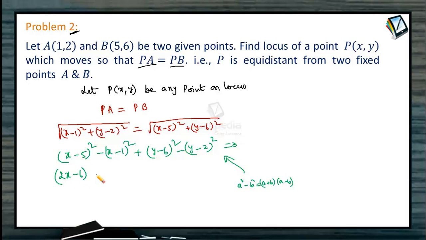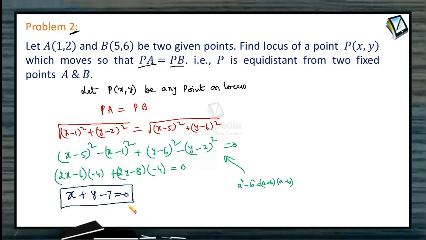A minus b gives you minus 4. A plus b here gives 2y minus 8. A minus b here gives minus 4, is equal to 0. So this minus 4 gets cancelled. 2 gets out as a common factor from throughout. We have a nice simplified equation in the form x plus y minus 7 is equal to 0.